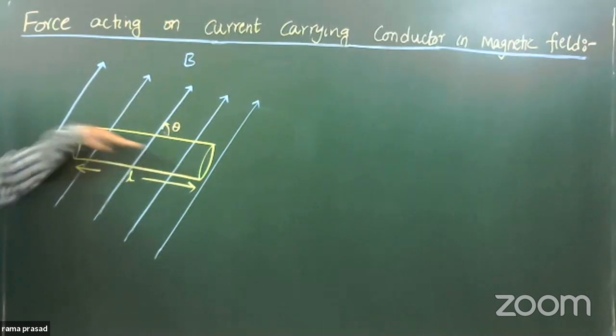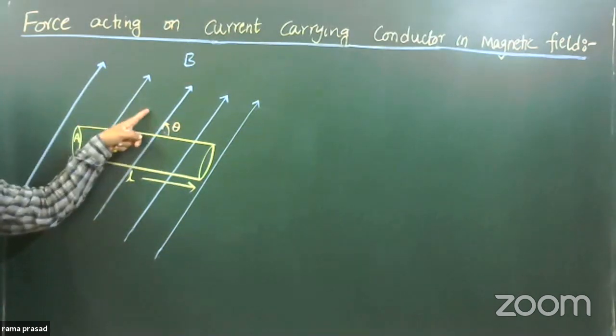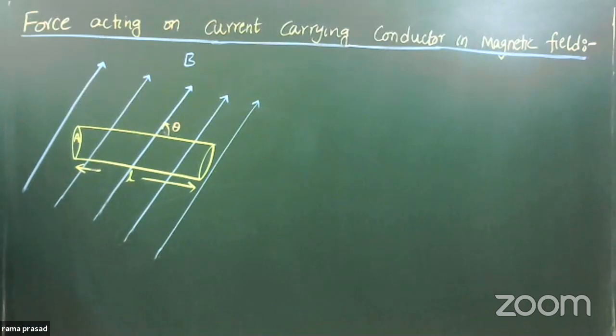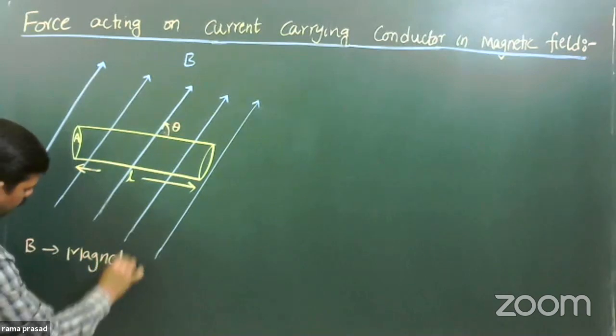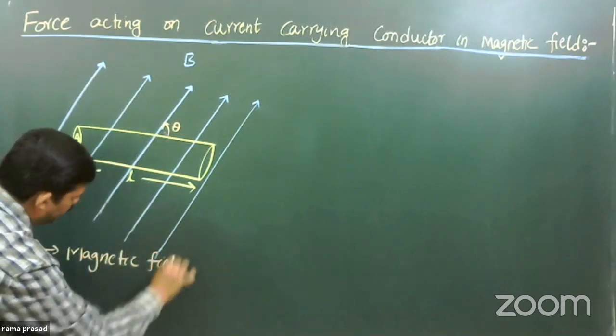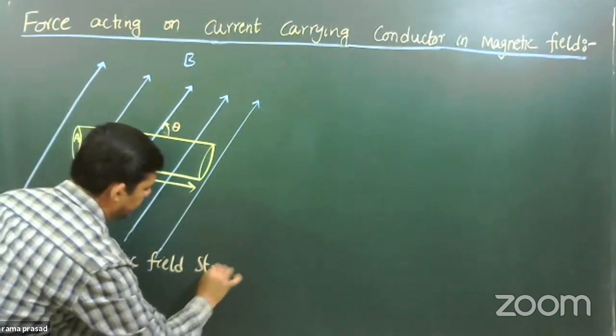It is kept in such a way its length is making an angle theta with the field direction. Right? So what do you have here? B, magnetic field intensity or strength.